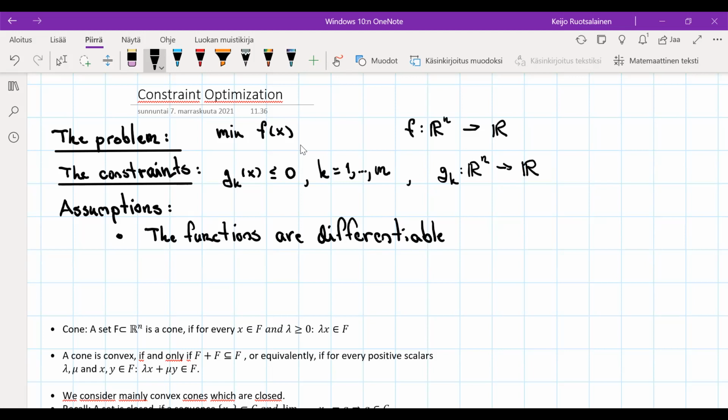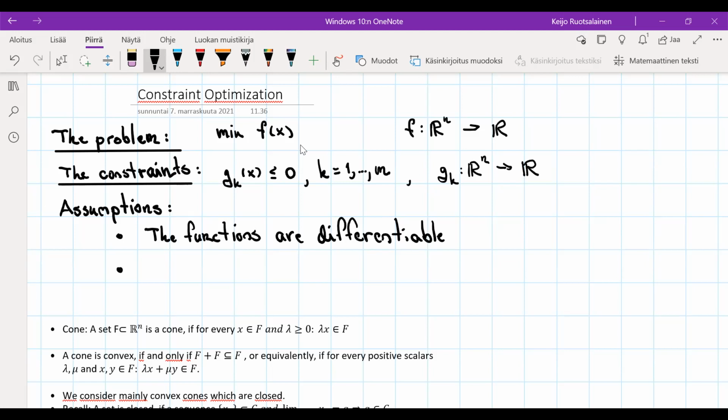And the second assumption is somehow a silent assumption. I assume that the functions are not always, but mainly convex.